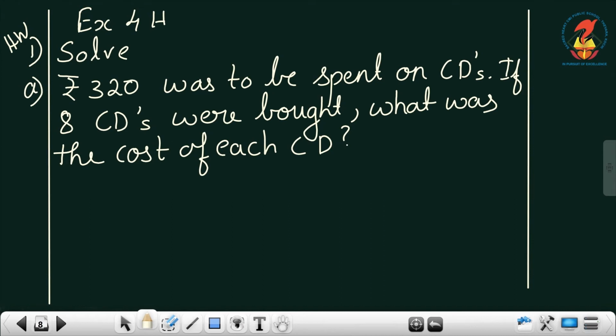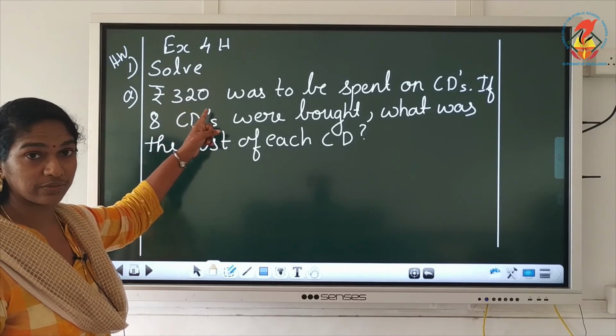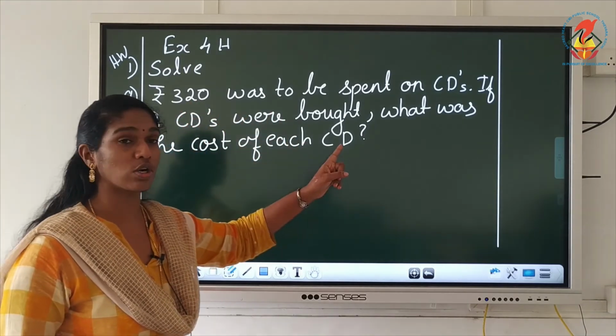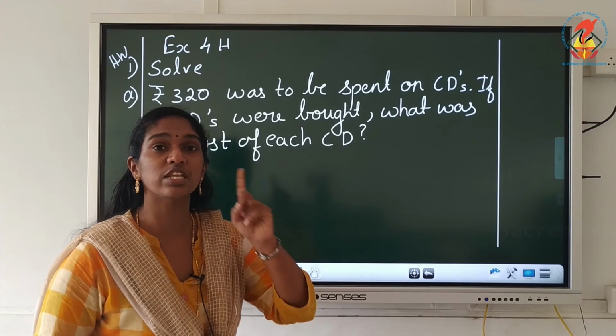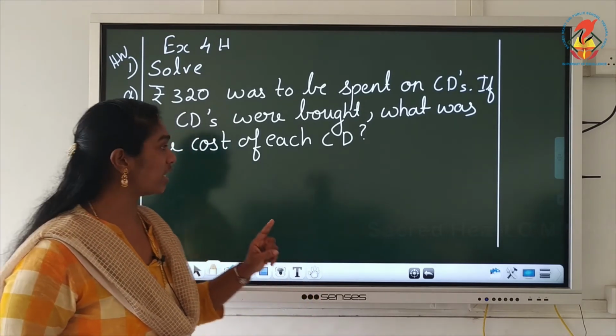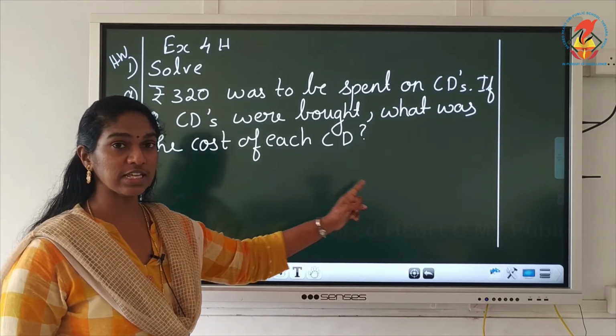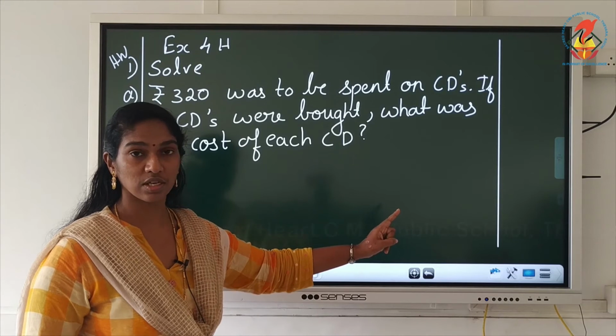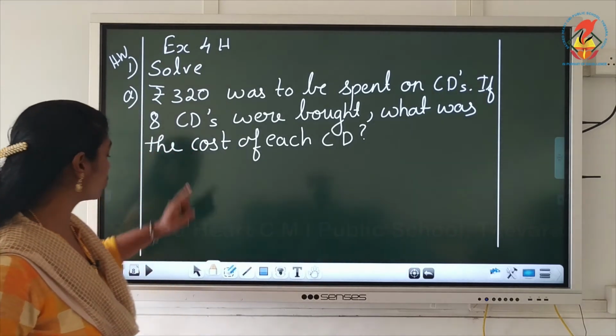They have given you the cost of 8 CDs. What is the cost of 8 CDs? Rupees 320. They are asking you what is the cost of each CD. Each CD means 1 CD. Okay, children. So, you will write the statement, cost of 8 CDs, cost of 1 CD, and get the answer. Do that question as homework.